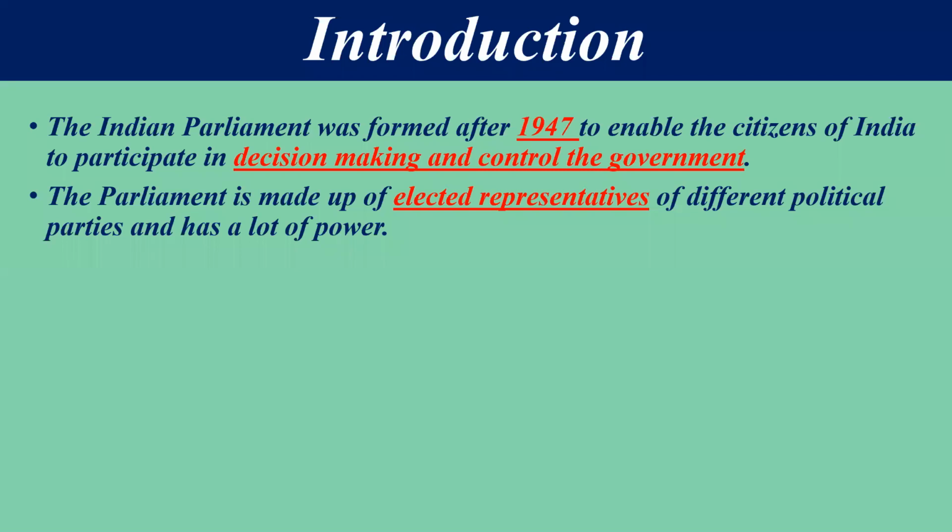Students, in the 7th standard, you have studied direct democracy and indirect democracy. In modern democracy, we have indirect democracy. If I give you an example of direct democracy, it is the Gram Panchayat.